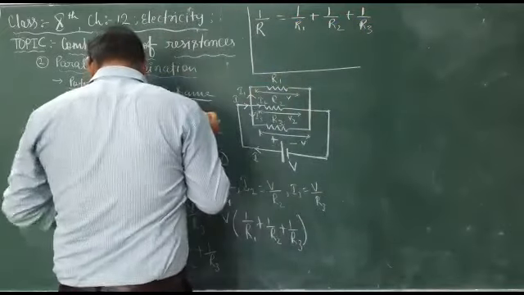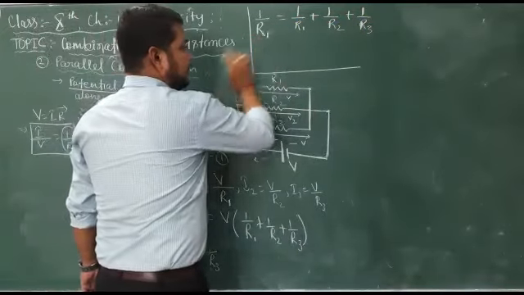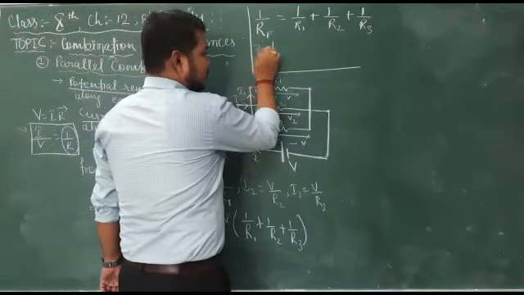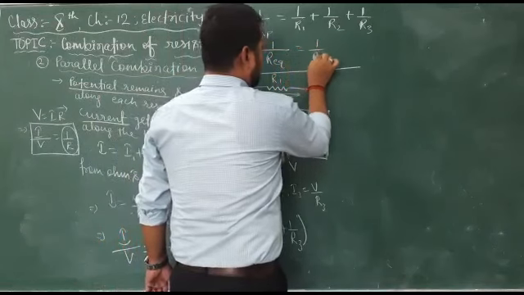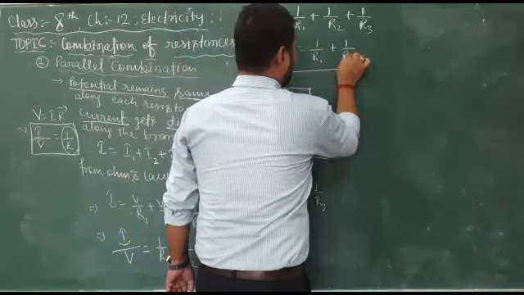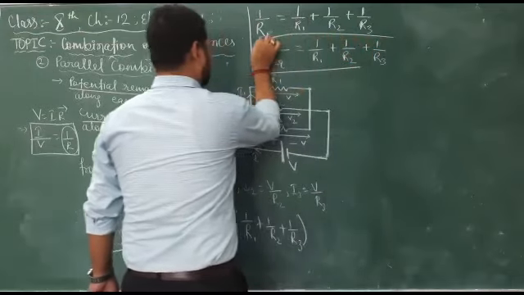This is the equivalent resistance in the parallel combination, so we will write it Rp or R equivalent. So in parallel combination, 1 upon R equivalent is 1 upon R1 plus 1 upon R2 plus 1 upon R3.